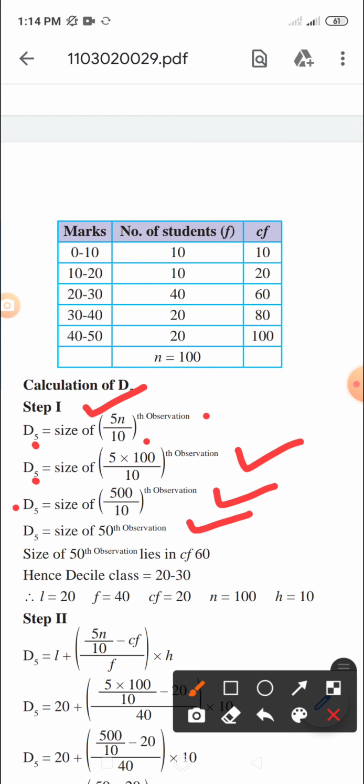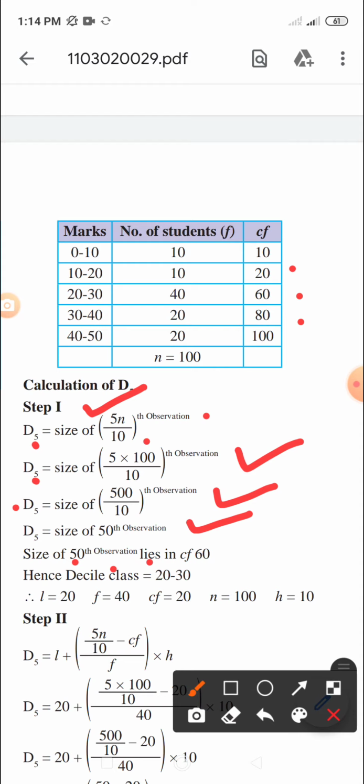So the size of 50th observation lies in CF 60, because it is not possible for 50 to lie in 20 or 80. The 50 lies in between, at 60.